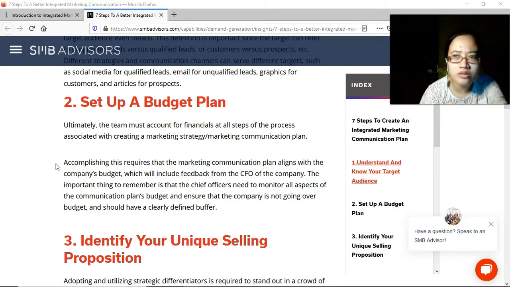So this is also a catch-22, right? Some companies would be reluctant to spend on advertising because they lack funds or they're not earning enough to set aside money for marketing. But marketing could help in increasing the sales or the revenue of the company.